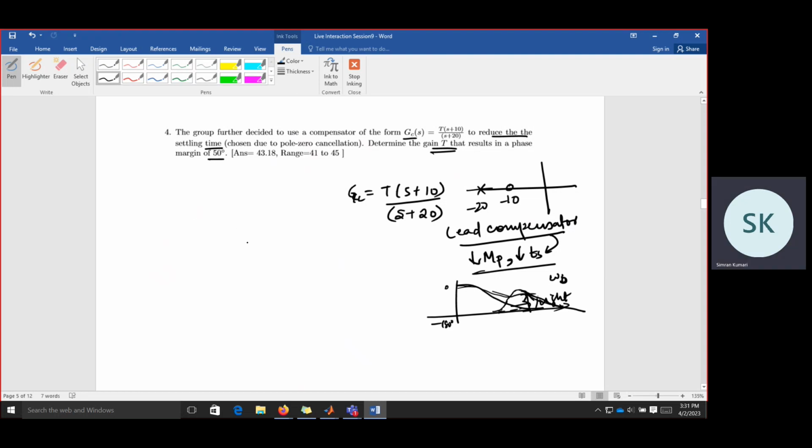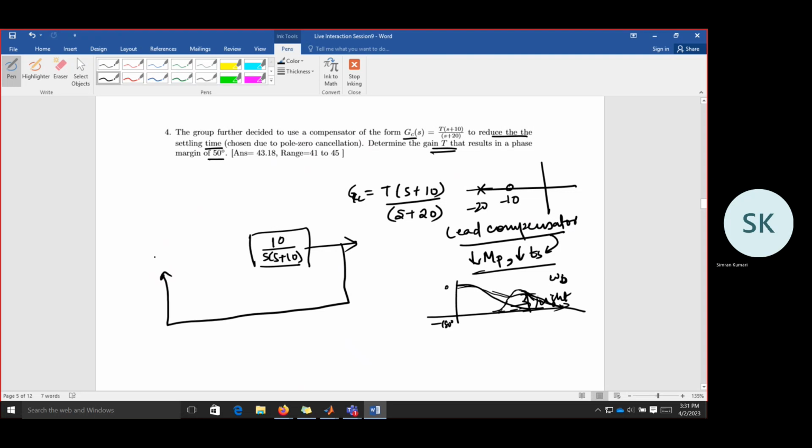So now the plant is 10 by S plus 10, and we have this GC, which is T (S plus 10) by (S plus 20).